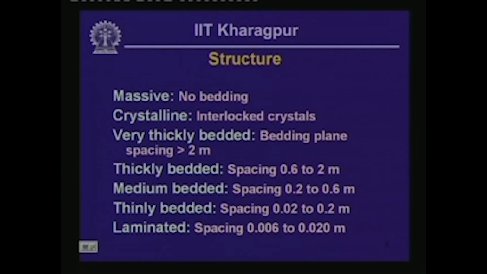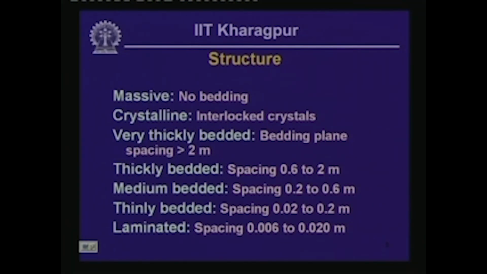Then the second thing is structure. Now, some of these terms are already known to you from when we were trying to classify different categories of volcanic, sedimentary and metamorphic rocks. So, the first type of structure, which we have here as well, is massive, where the rock mass is composed of a relatively homogeneous body, and basically no bedding planes or such features are there within the volume of the rock.